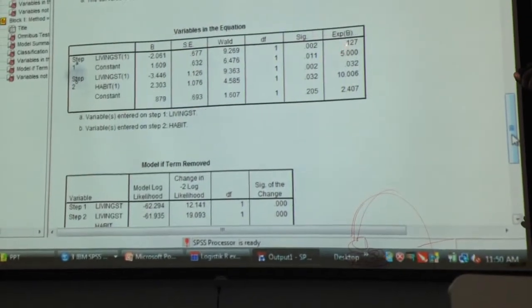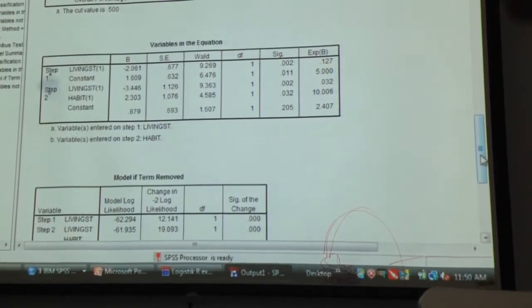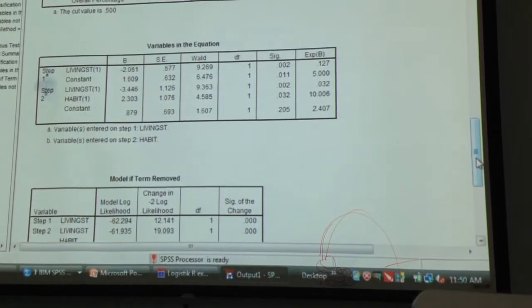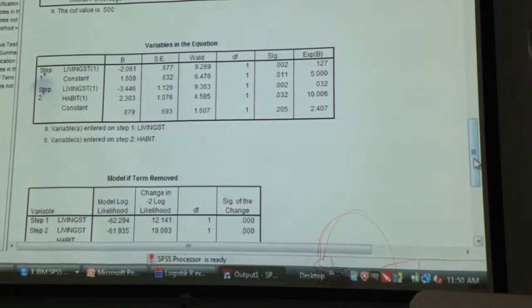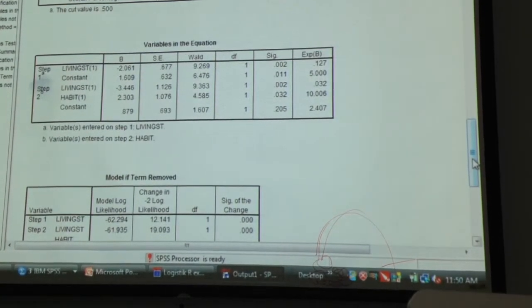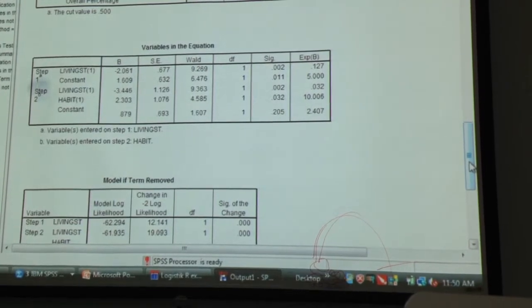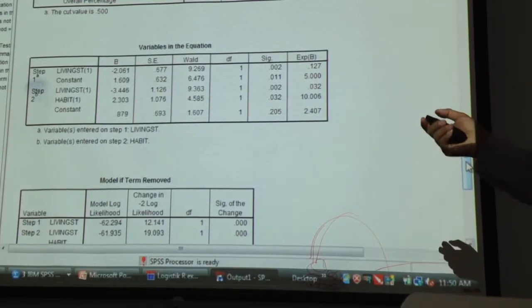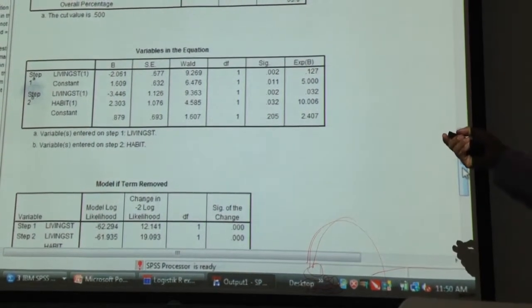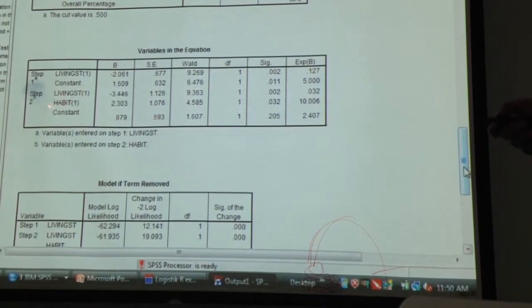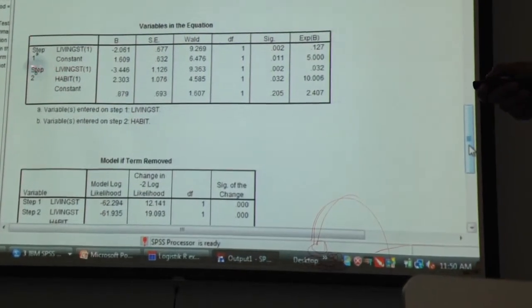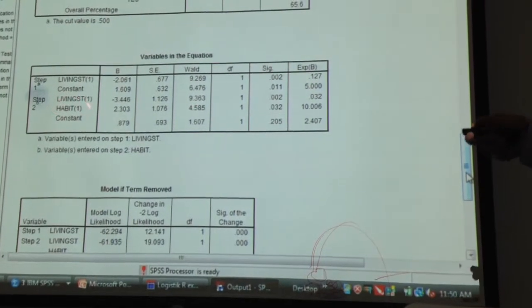Is it okay? Because it's smaller than 1, that means it's reduced. If 1 is 100%, smaller than 1 is reduced. So it reduces by 87%.